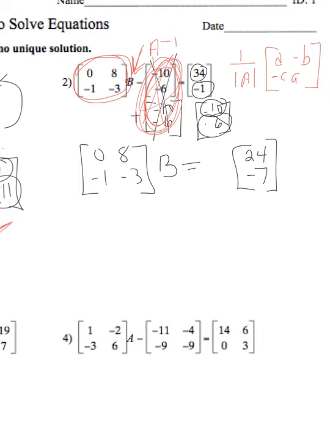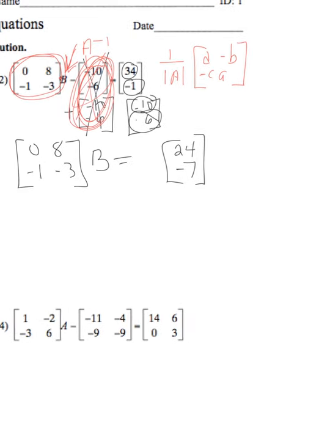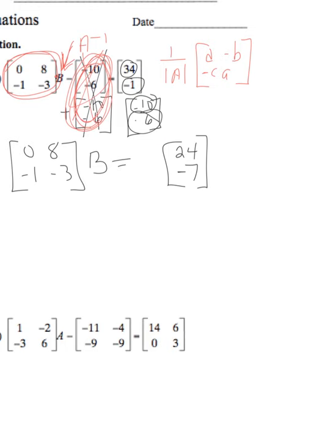Okay, so first I got to find the determinant. I'm going to try to squeeze it in right over here. So, okay, the determinant, just the determinant, is 0 times negative 3 minus negative 1 times 8. So that's going to be 0 minus negative 8, so it's 8. So the determinant is 8.